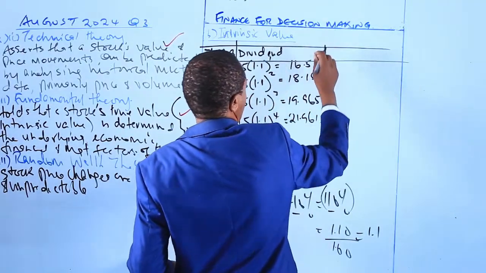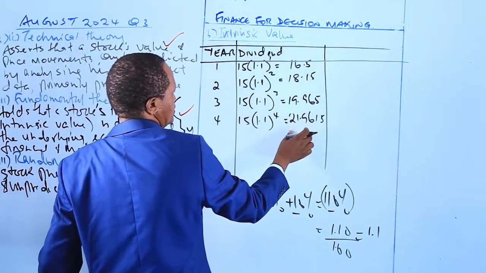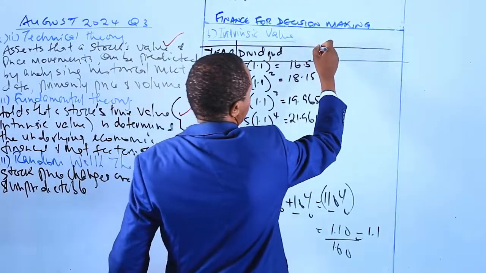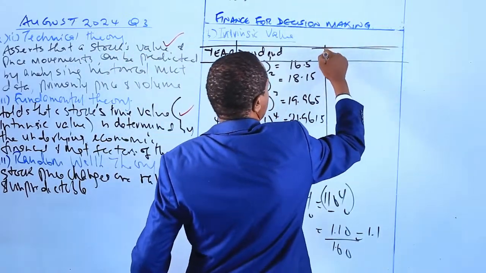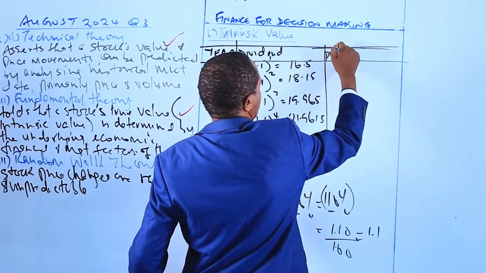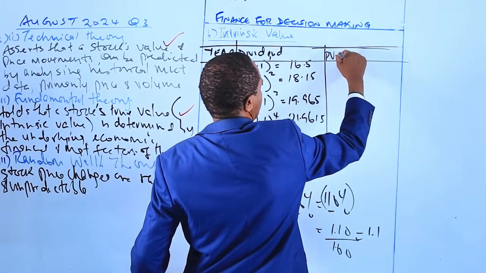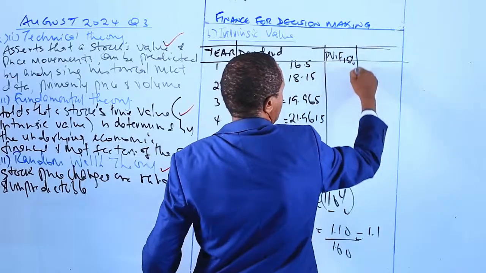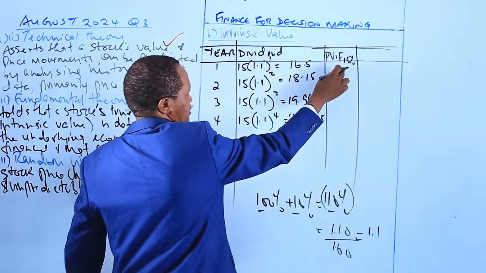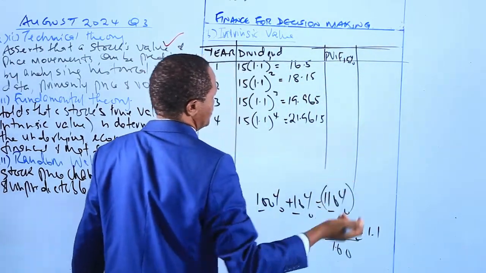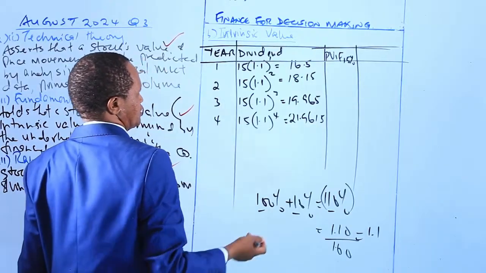Then we multiply these values with the present value interest factor at 15%. The present value interest factors, we read directly from the present value table.